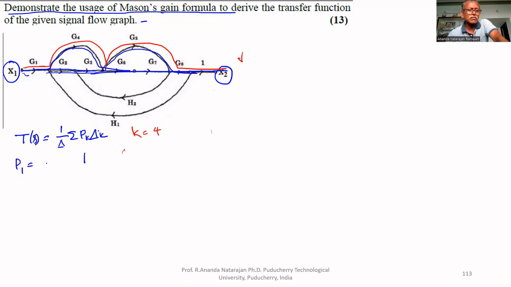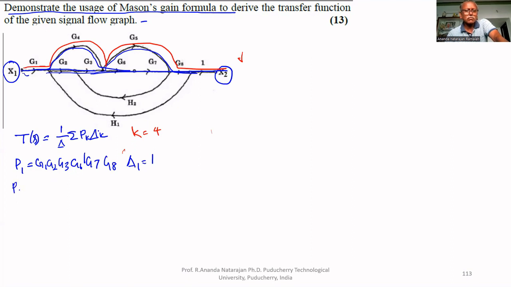Now we have to find P1. P1 is the first forward path. What is the gain? G1, G2, G3, G6, G7, G8. Delta 1 equal to 1 because there is no part of the graph which is not touching the forward path.